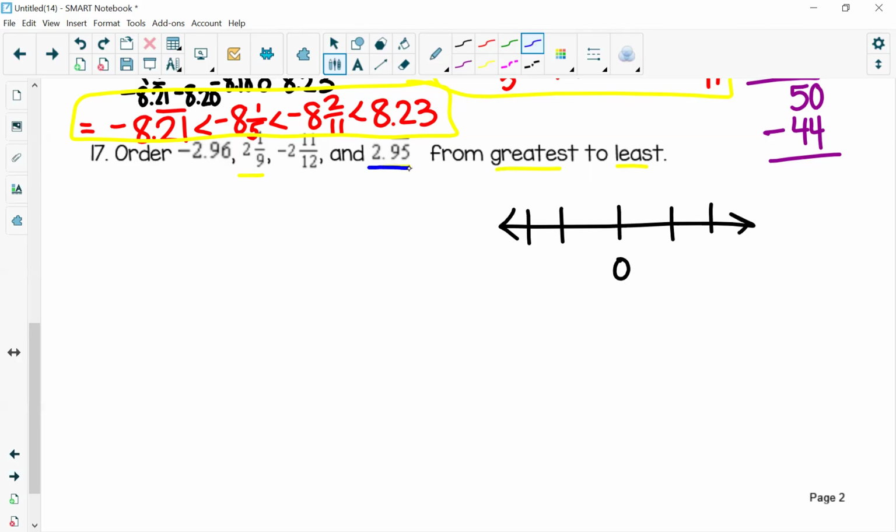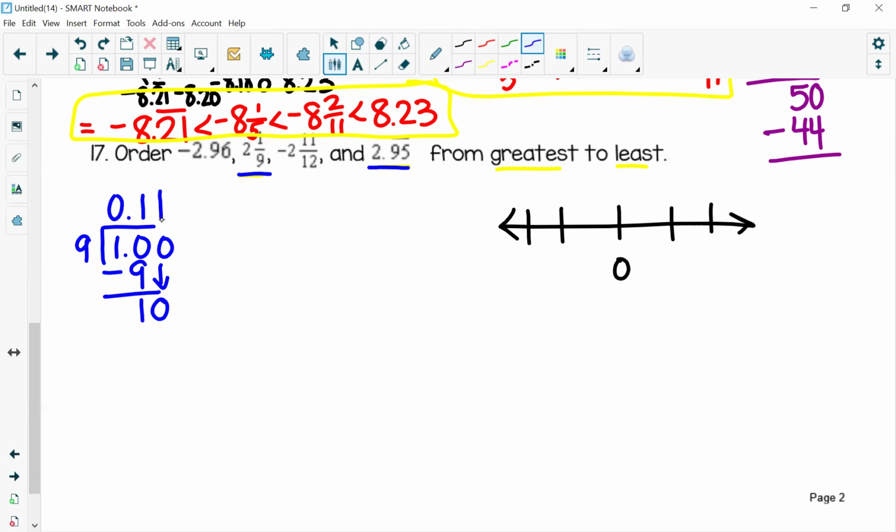And I have 2 and 95 hundredths, 2 and 1/9. So I'm going to turn my 1/9 to a decimal. 9 can go into 10 one time. 1 times 9 is 9. Subtract, 1, bring that 0 down. It is going to repeat. It's just going to keep repeating.